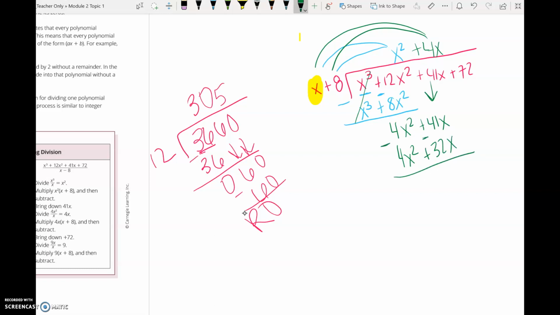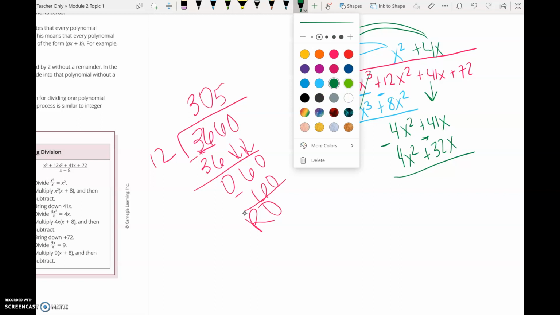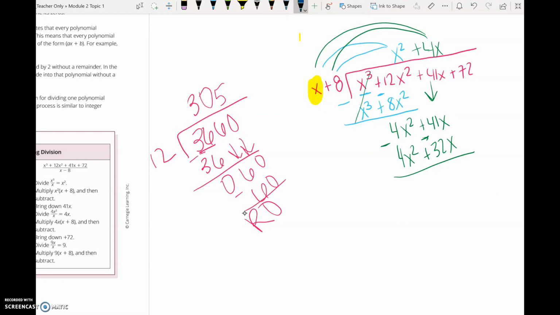I'm subtracting. 4x squared minus 4x squared goes away. 41x minus 32x is going to give me, let's see, 9x. I gotta bring down my next term. So then I'm gonna ask myself, well, what times x would make 9x?